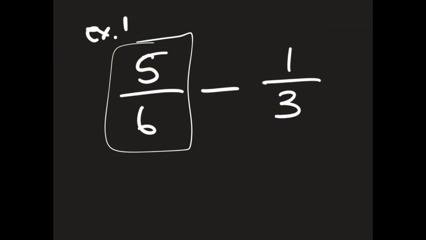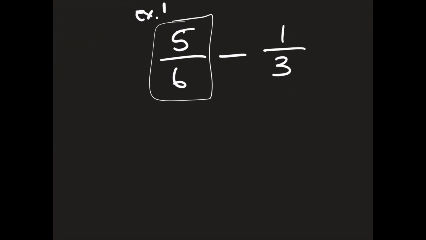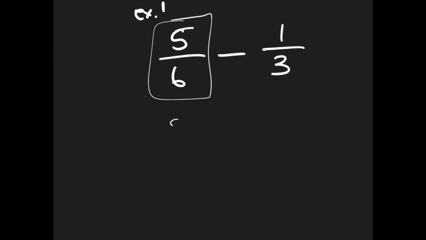So that means we have to change our 1/3. I'll have 5/6 over here, and I'm going to go 1/3 is equal to something over 6, the target we're going to. I'm going to write that as my new denominator. Now, 3 times 2 would get me 6.